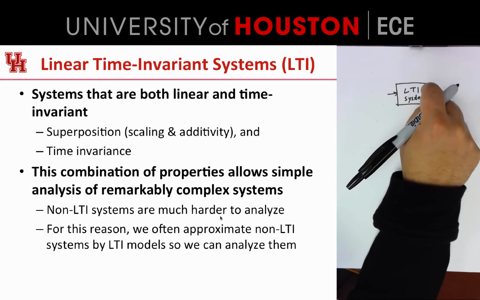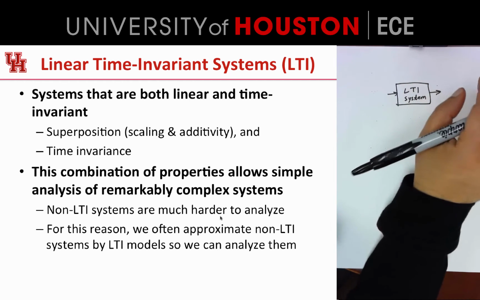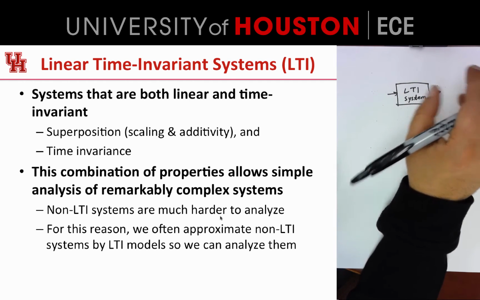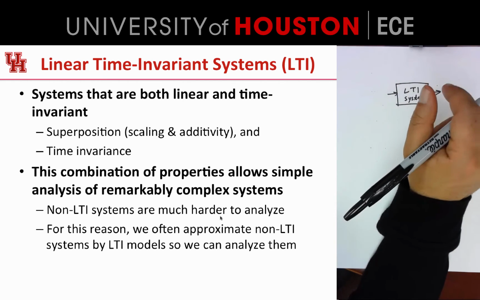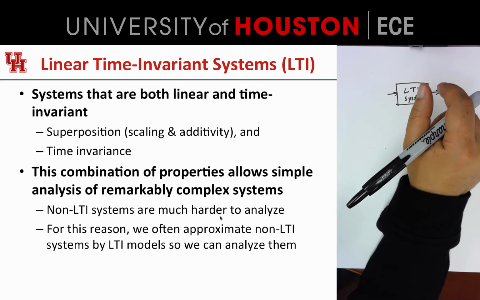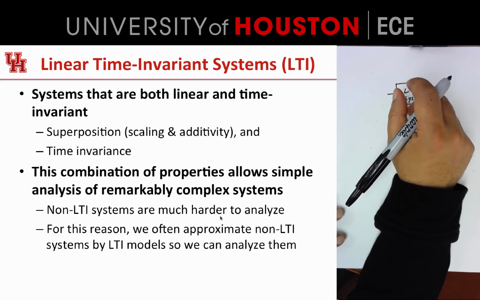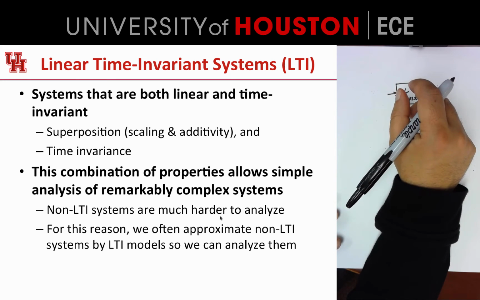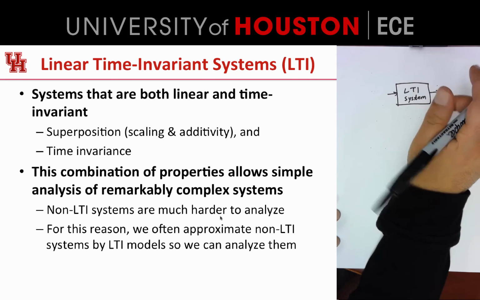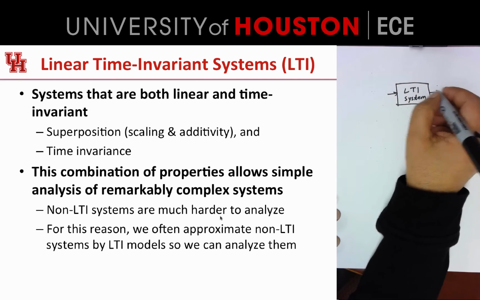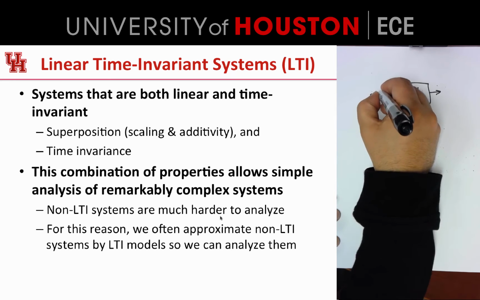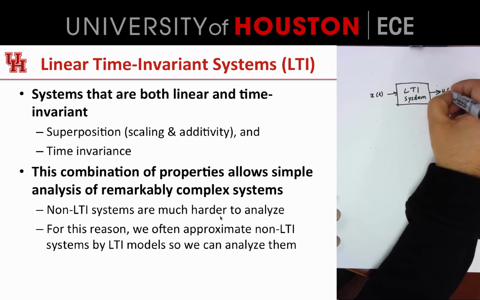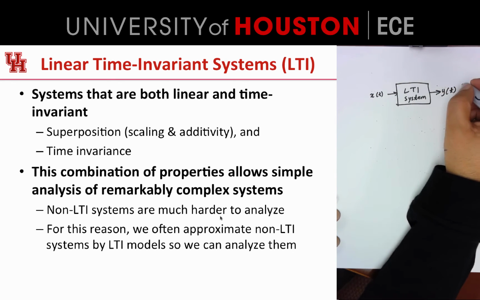The other kind of badness is if it's not time invariant, which means the system itself is varying over time. So that's another kind of zinger. Again, just like with nonlinear systems, we can often approximate non-LTI systems with LTI systems that come close, and we do that so that we are able to analyze them much more easily.